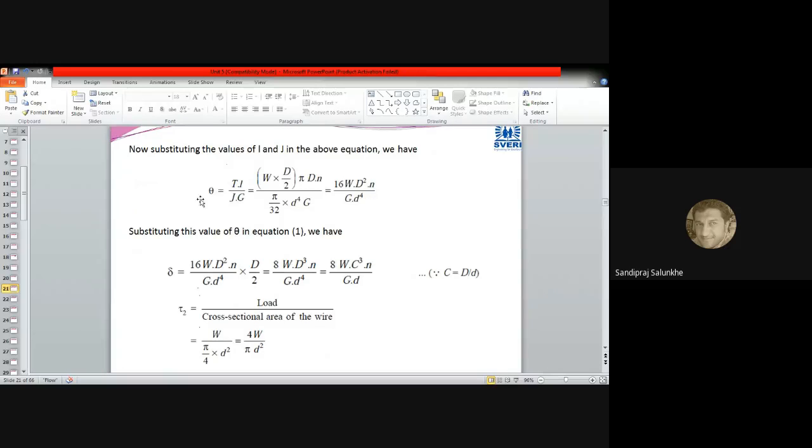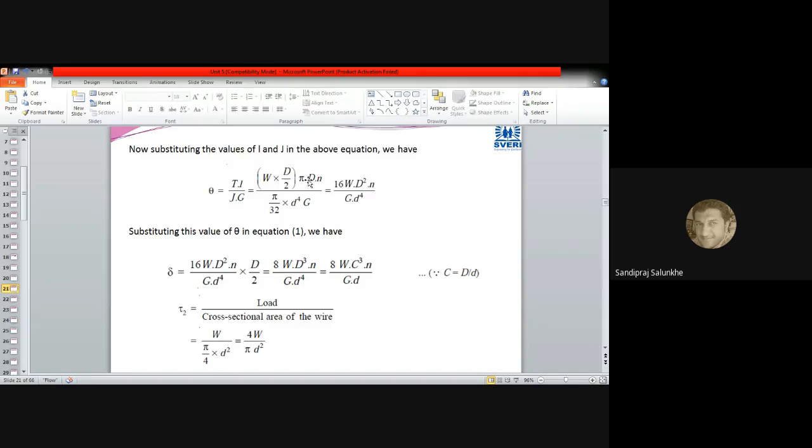From the shear stress equation, we can write the value of T as W d by 2. That is nothing but the torque applied on that wire. That is force multiplied by radius, into pi d, the total periphery of one coil, multiplied by number of coils.